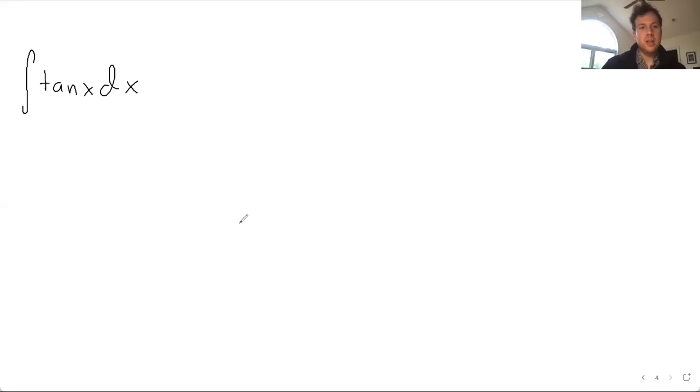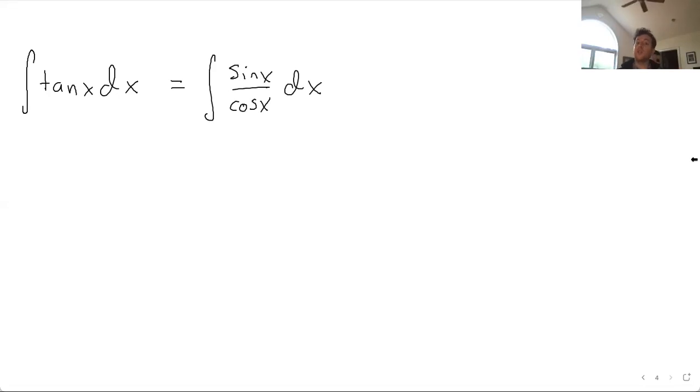And the way that we can make it happen is doing a little algebra to make there be more than one thing here. So tangent is sine over cosine dx. And now we can see there's more than one thing here.